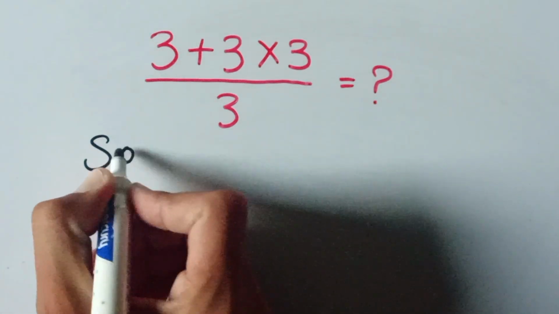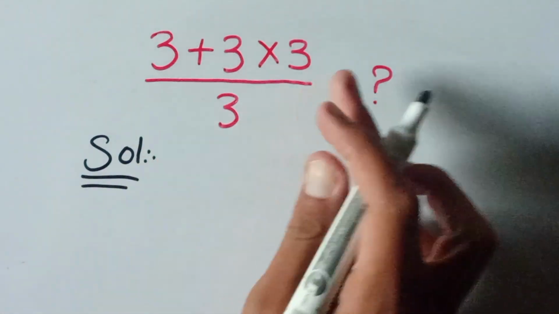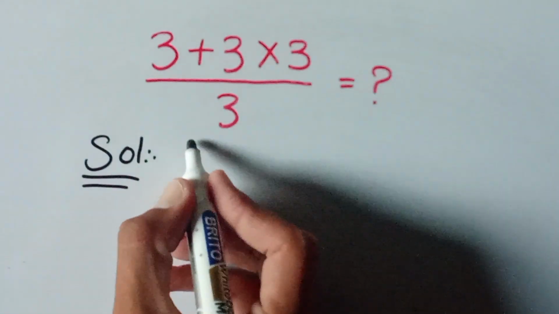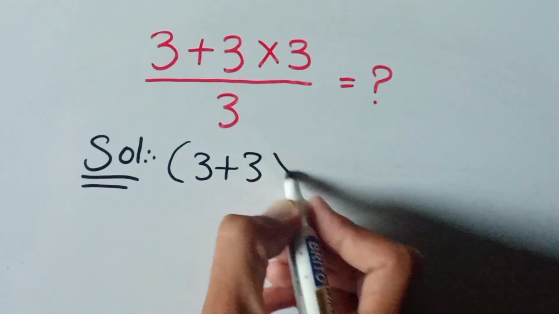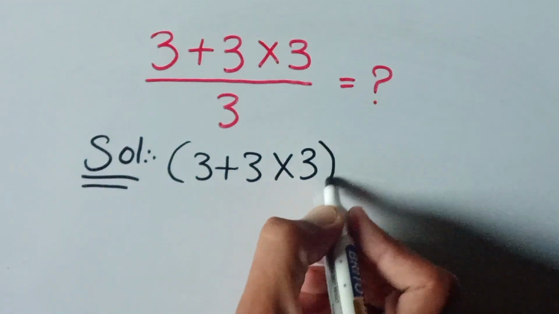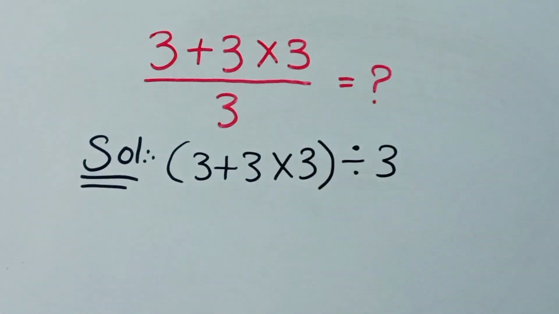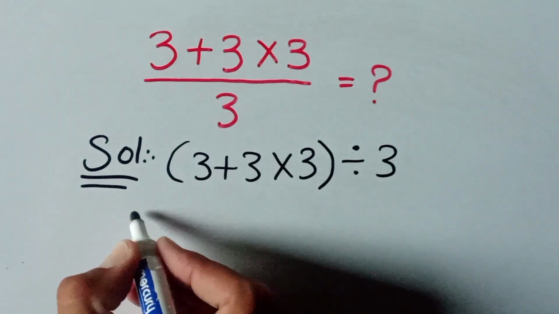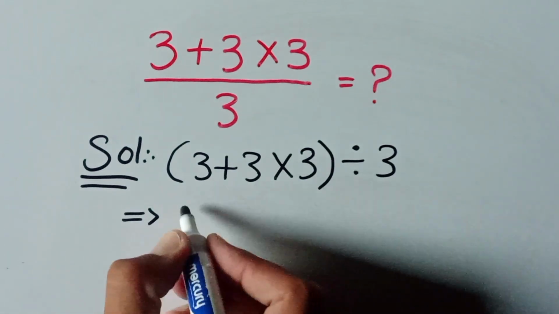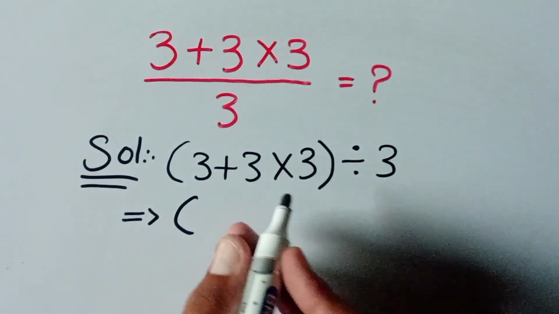Our solution is, guys, we can write this fraction in this form: parentheses 3 plus 3 times 3, divided by this 3. Okay, now guys, parentheses have higher priority than division, so we solve the parentheses first. Inside the parentheses, multiplication has higher priority than addition.